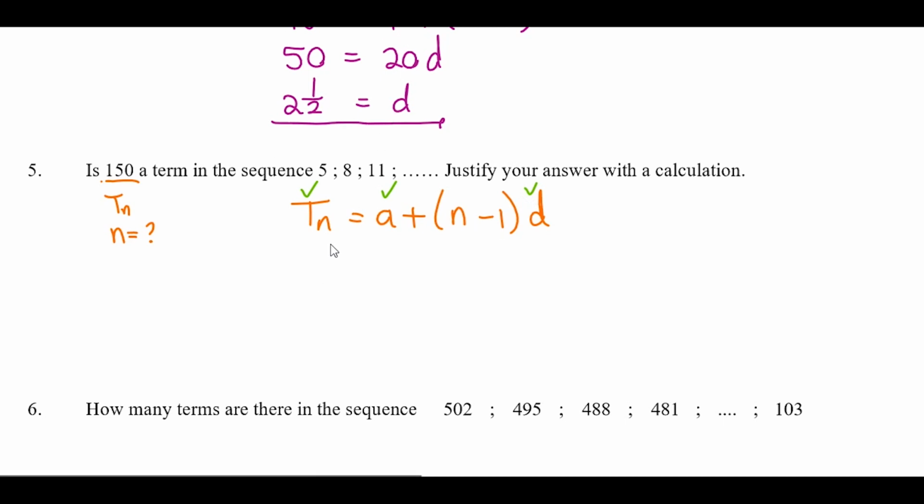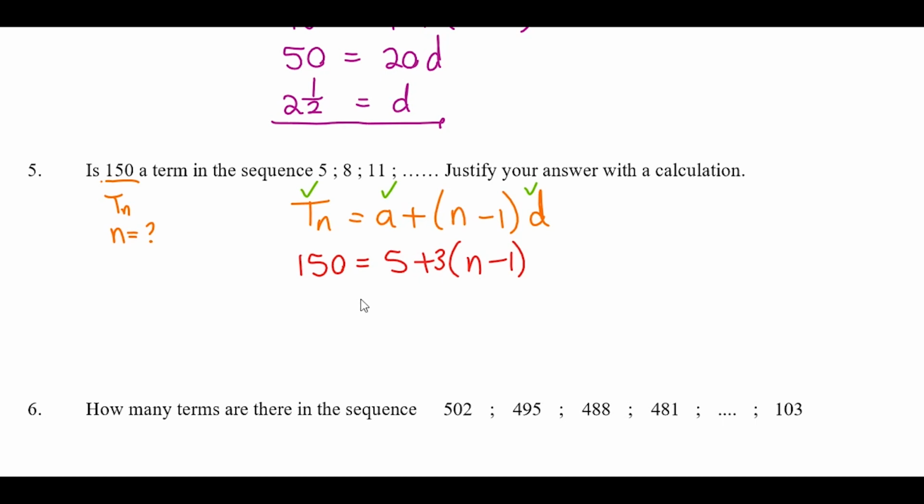All right, let's go. So this is going to be 150. a is 5. n I'm not sure of at this stage, and I'm going to work it out. And d is 3. I'm going to write the 3 over here. Let's subtract 5 from both sides.